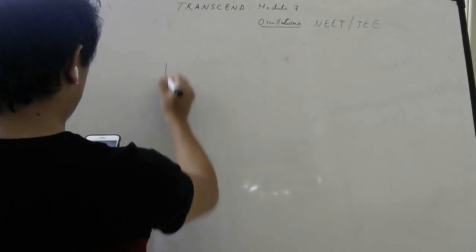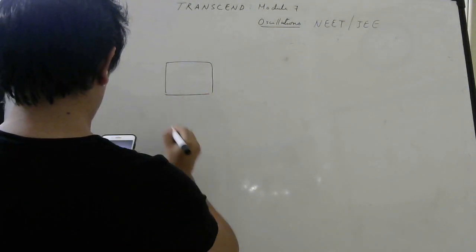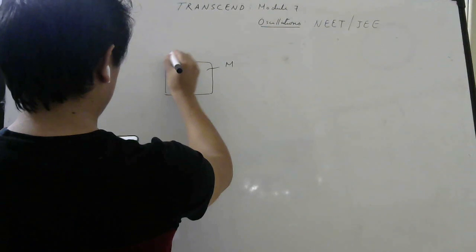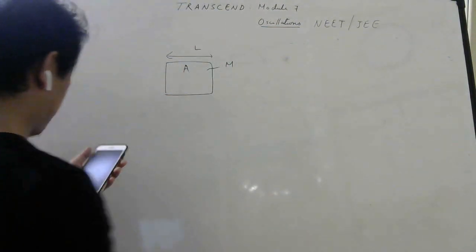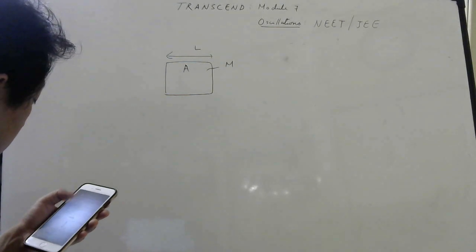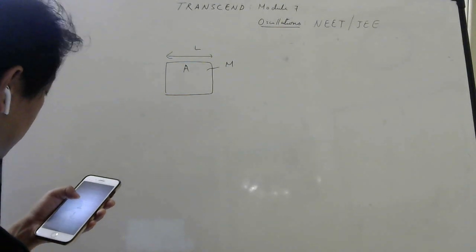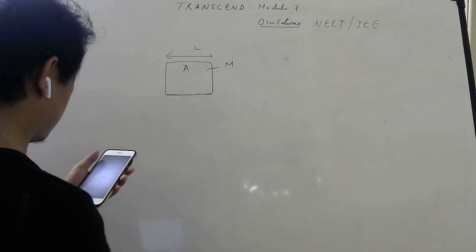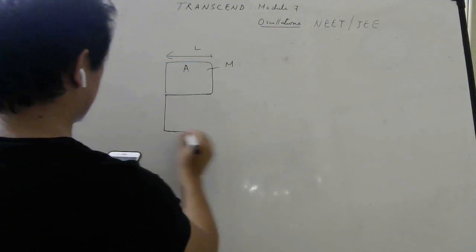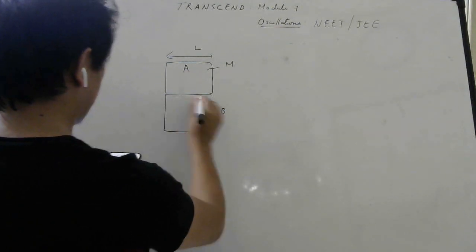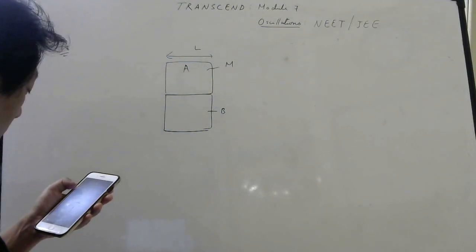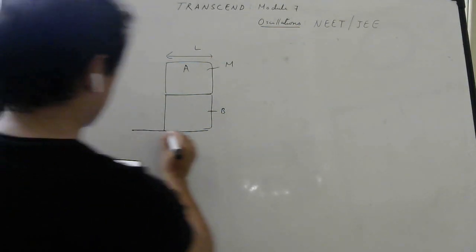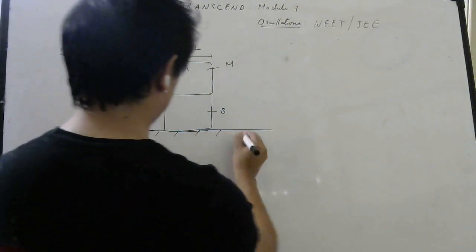So here is a cubical block A. The mass of the cubical block is m, the length is L, fixed onto another cubical block of the same dimension, and modulus of rigidity eta, such that the lower face of A covers the upper face of B. This is B. The lower face of B is rigidly held on the horizontal surface.